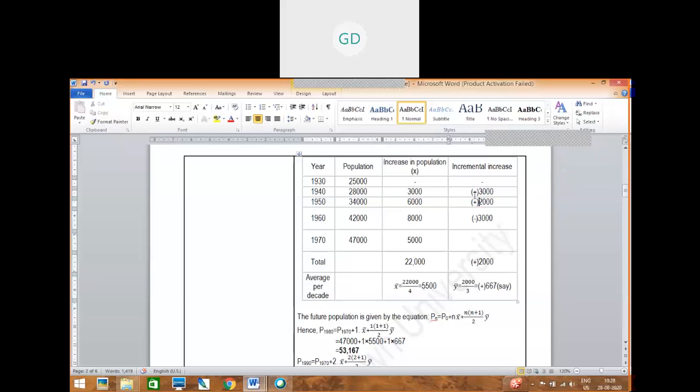If suppose I give you an example, suppose after doing all these calculations you get minus here. Then what will be the total? Minus 4,000. Yes, you are correct. Here it will be minus 4,000 in that case.